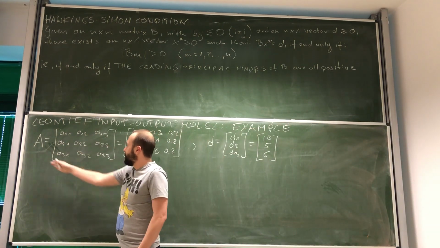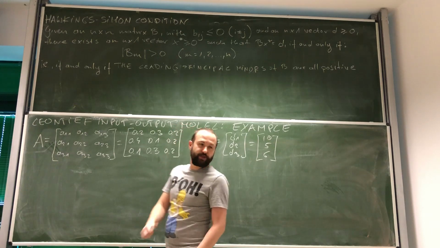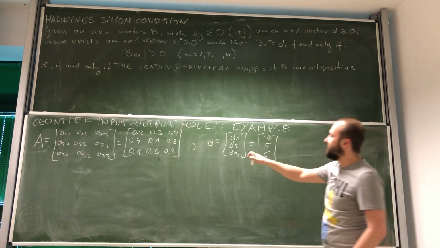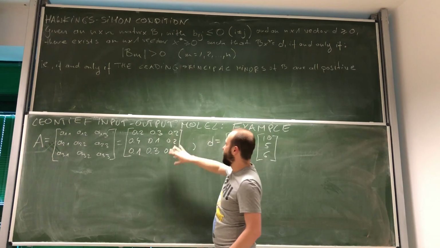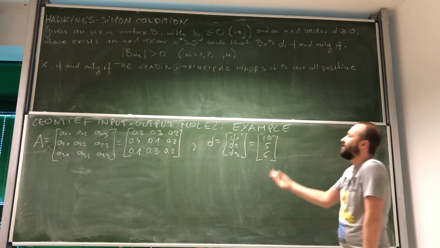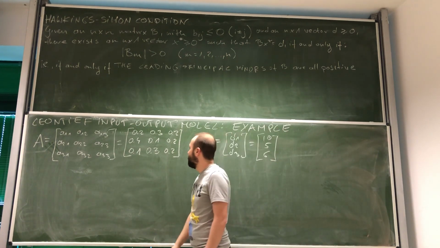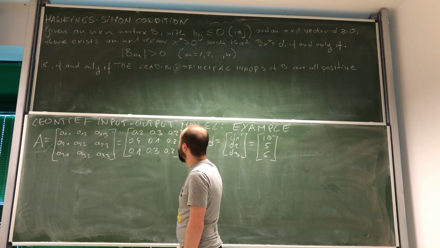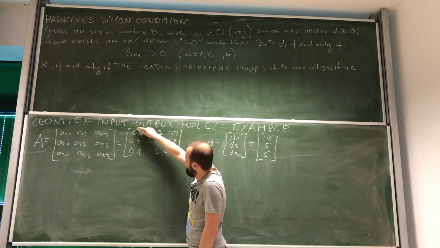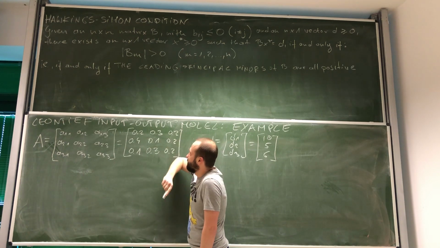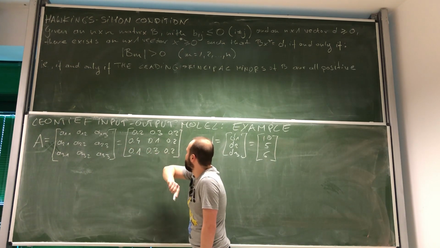So this is an input coefficient matrix for this economy. And here you see the specific values. So what can we learn from this matrix? We know, for example, that in order to produce $1 worth of good 1, we need to use 40 cents worth of good 2.